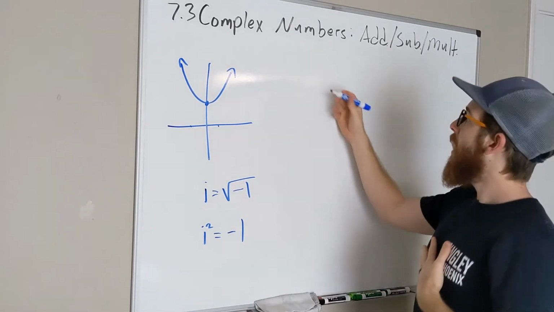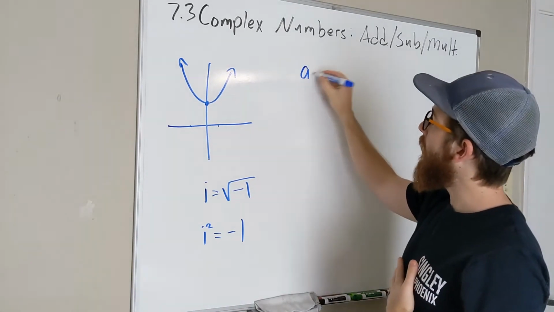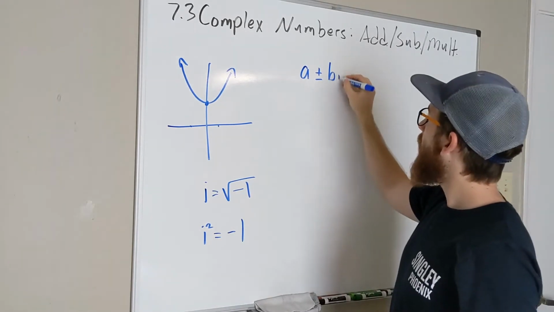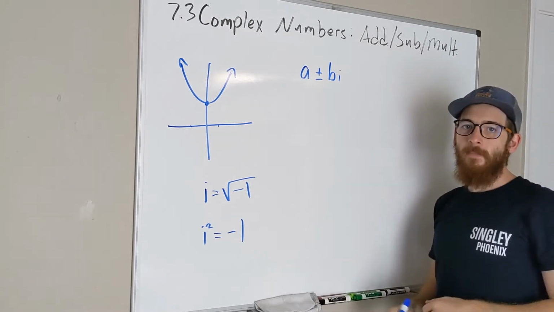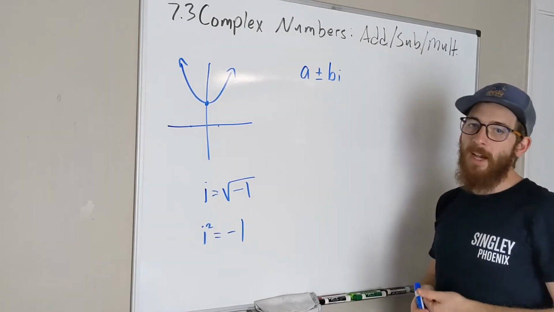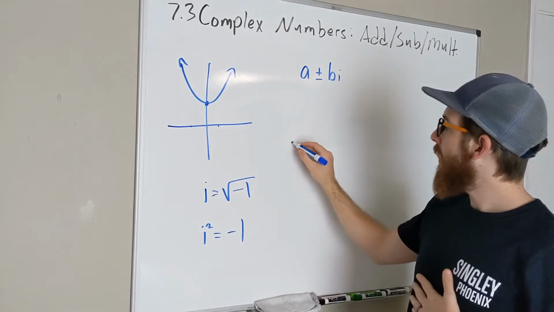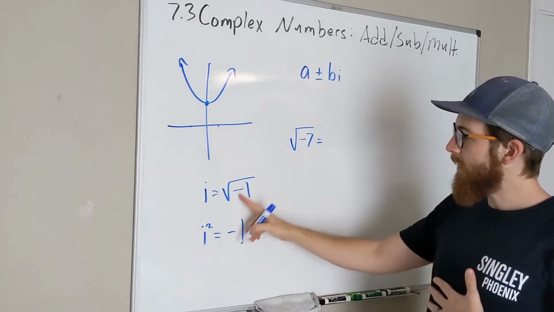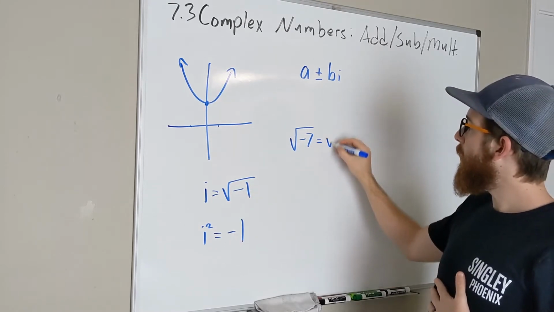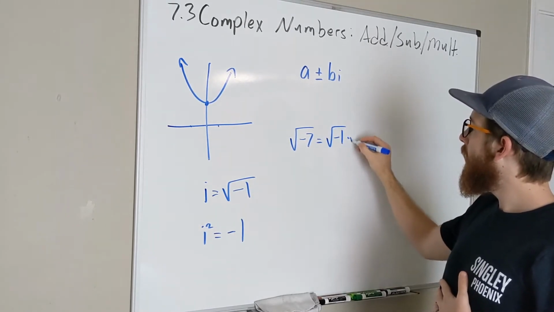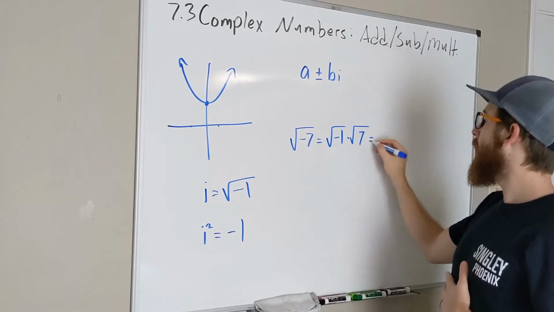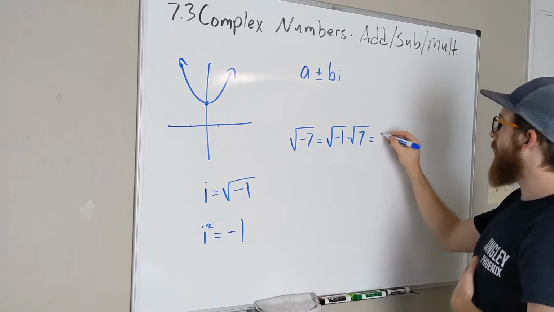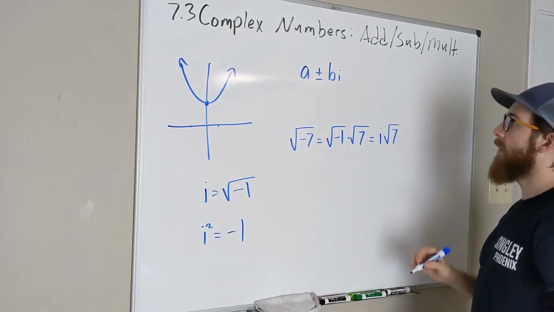We're going to take those ideas and talk about what complex numbers are in general. A complex number is written like this: a plus or minus bi. Now, if I look at an example we had before, like the square root of -7, with the negative on the inside, this could really be written as the square root of -1 times the square root of 7, which would be i times the square root of 7.